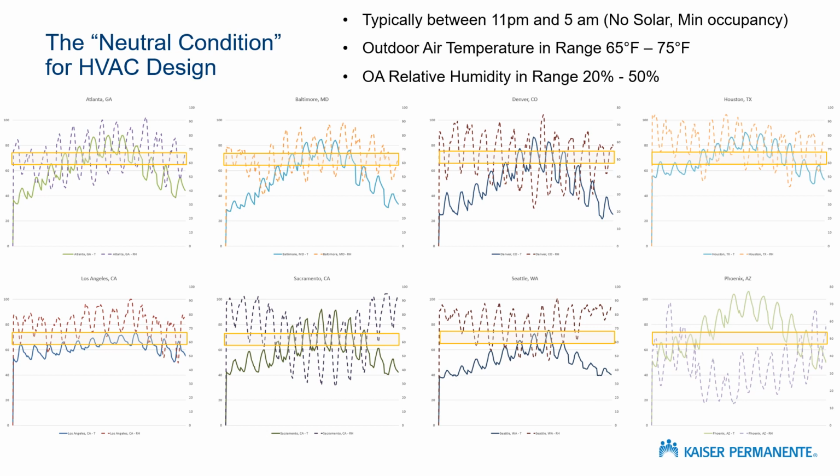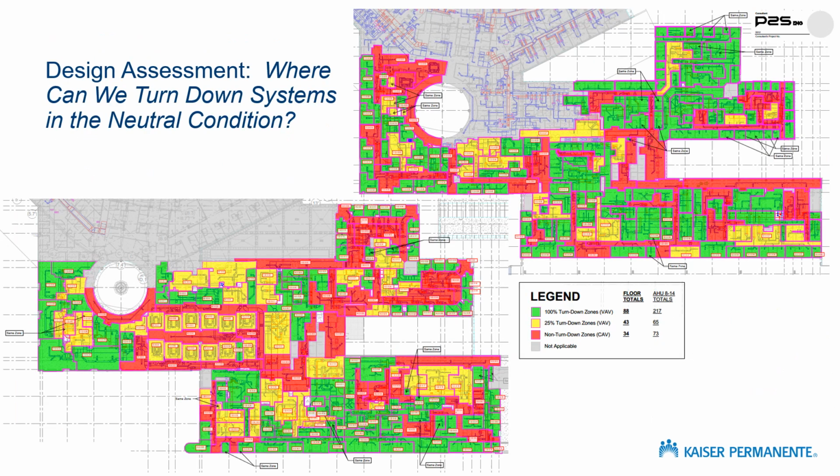And you can kind of see this is a pretty broad spread of climates, right? From Atlanta, Georgia to Houston and Phoenix and Seattle, and then Los Angeles and Sacramento. In each case, there always is a neutral condition that you can design for. And so that neutral condition and the specific design that we do for the neutral condition really drives the annual energy performance because it sets up our system responsiveness.